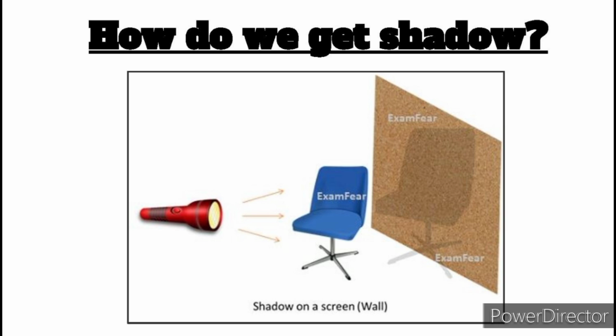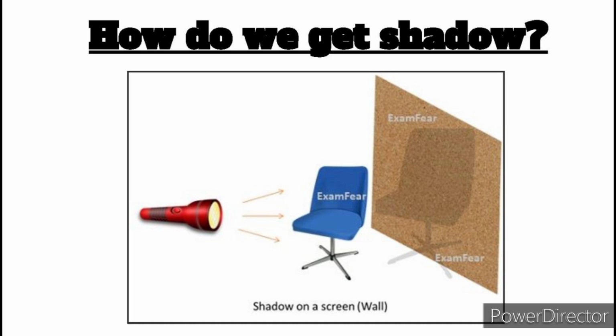Look at the picture. A torchlight, a chair and a screen. Three things are there, isn't it? So here the torchlight is the source of light. The torch is giving light when we switch it on. So that light is traveling, and it is reaching the screen.